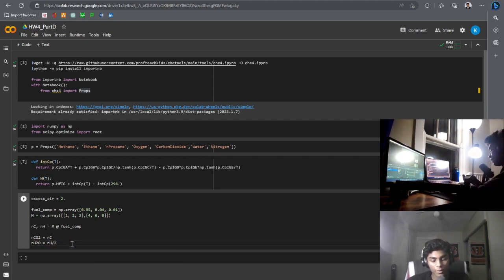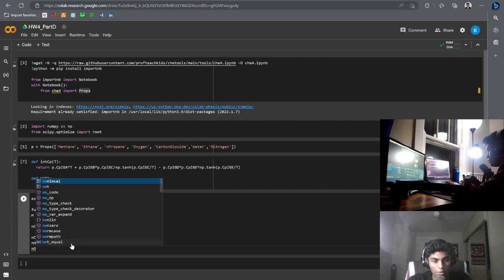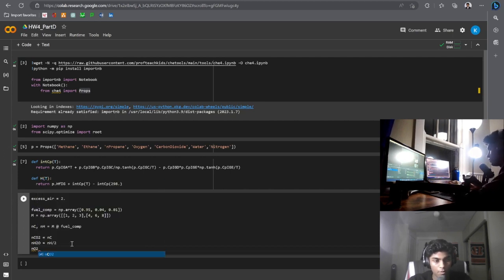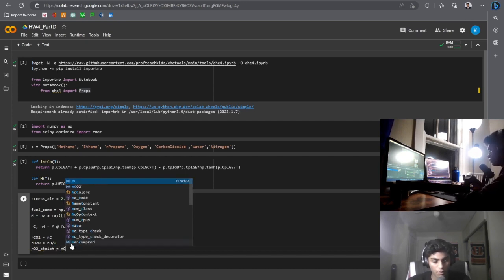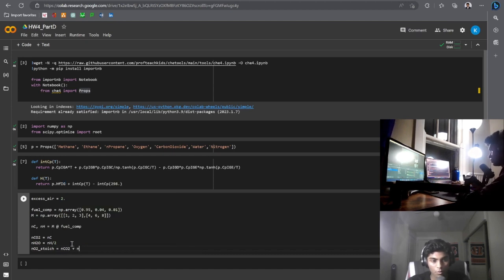We can also calculate the moles of O2. First, the stoichiometric amount. And that's just going to be equal to the moles of CO2 plus the moles of H2O divided by 2.